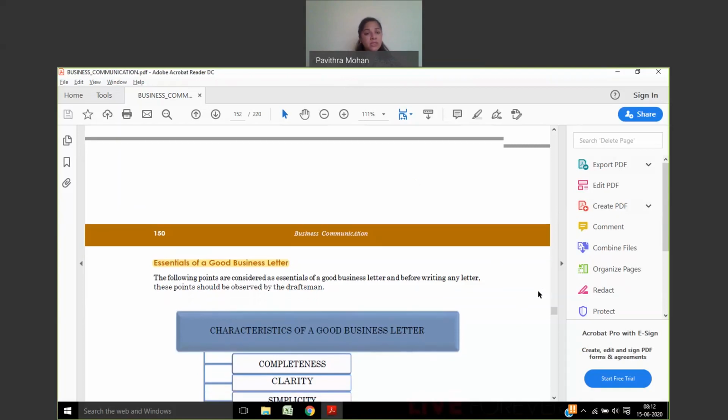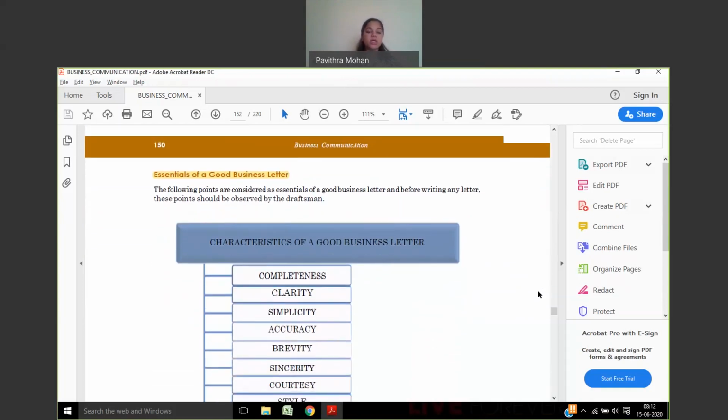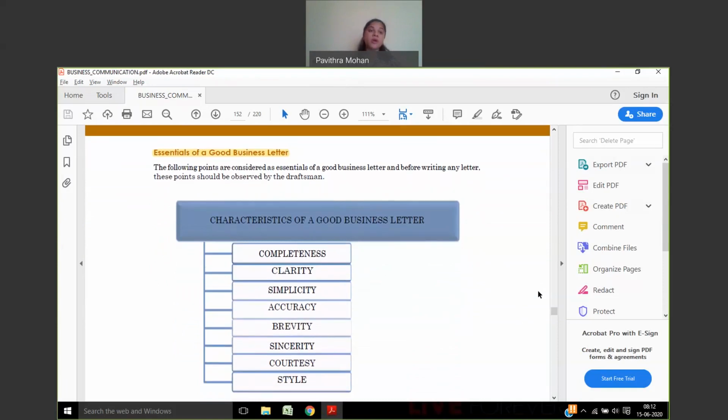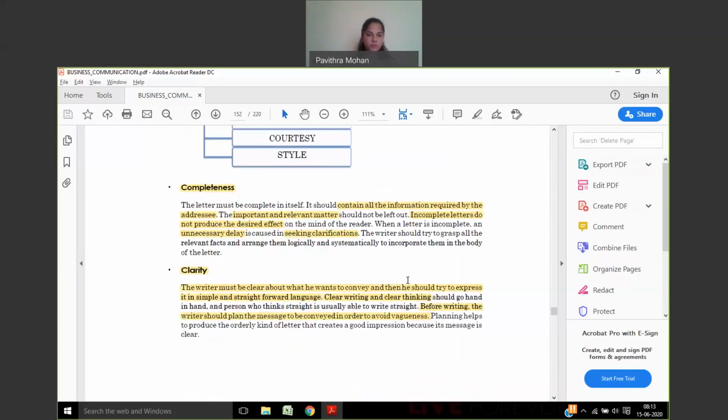So what are the important things that need to be covered in a business letter? As per writing skills, what is the information that you have to ensure is provided in your letter when you are drafting it? The few things they have explained are completeness, clarity, simplicity, accuracy, brevity, sincerity, courtesy, style. Okay, we'll see in detail what these are.